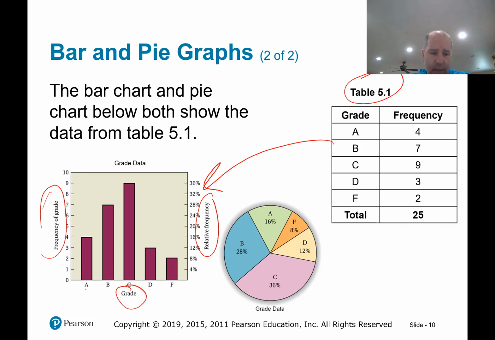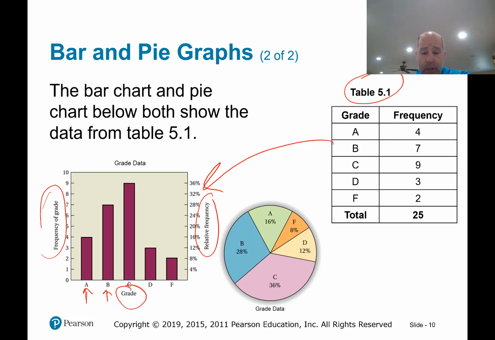Notice how it's discrete because you only have one grade, so it's not grouped. These are individual grades, and the height of the bars represents the number of students that got each one of the grades. And so now you can see the shape of the distribution.